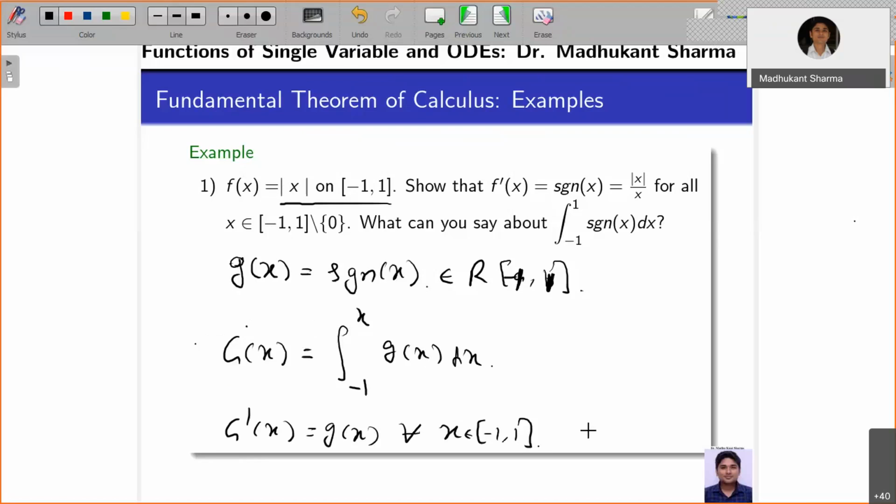So I can't apply the fundamental theorem of calculus here, since this should hold for the entire interval -1 to 1.